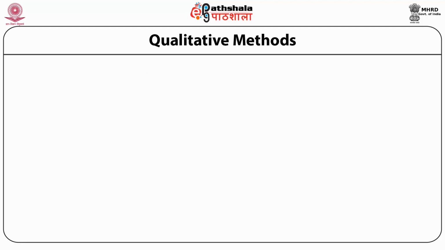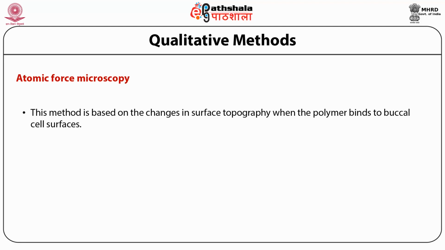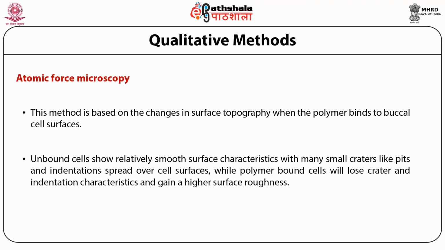The next method which we would discuss is referred to as atomic force microscopy. This method is based on the changes in surface topography when the polymer binds to the buccal cell surfaces. Unbound cells show relatively smooth surface characteristics with many small crater-like pits and indentations spread over cell surfaces.